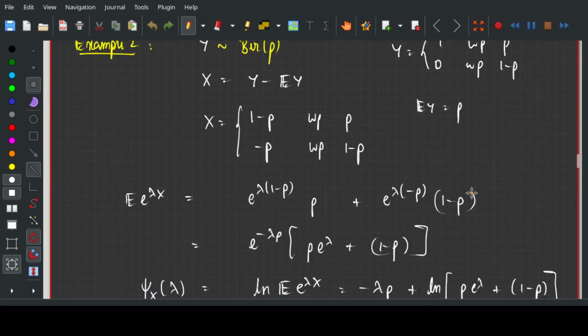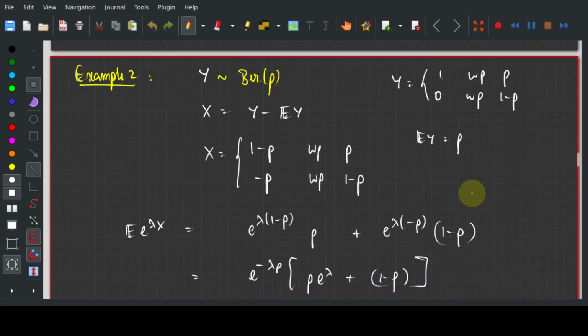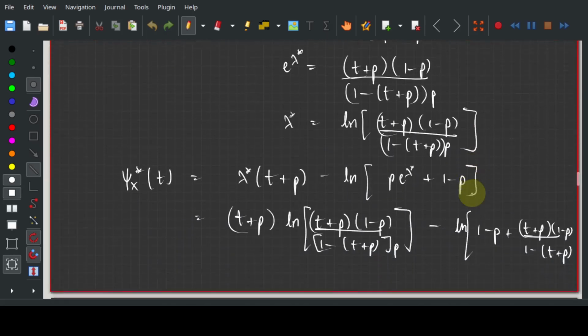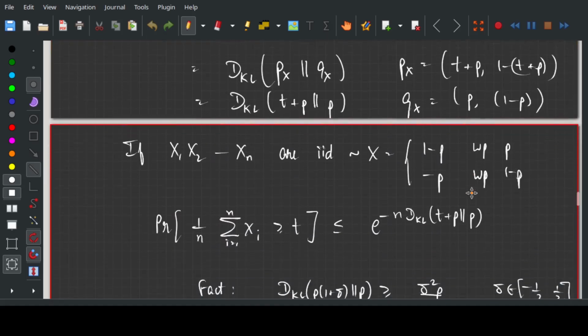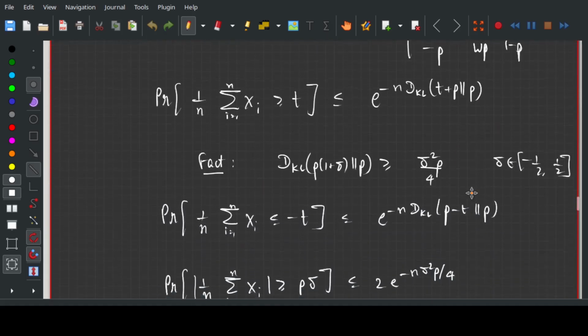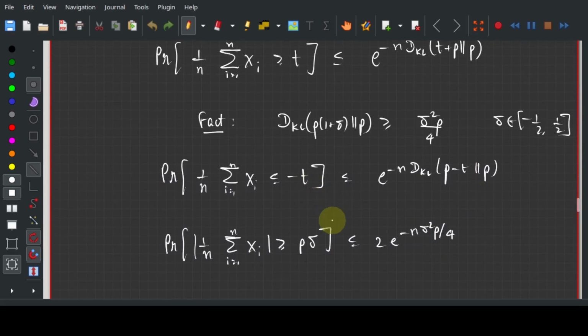And we also saw that for Bernoulli random variables as well, we got a rather complicated expression in terms of the KL divergence, but then we could eventually simplify it to again get a similar tail bound, right? So the probability that x is greater than or equal to t, you can show that it is less than or equal to e to the minus some constant times t square.